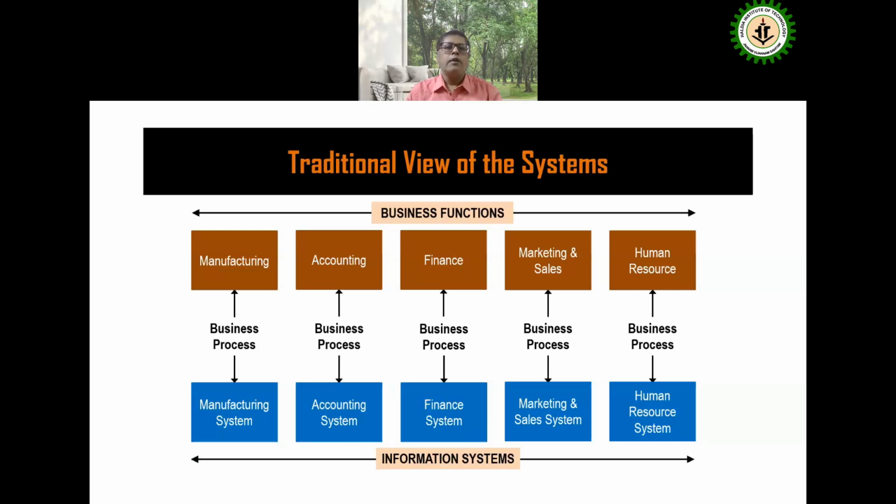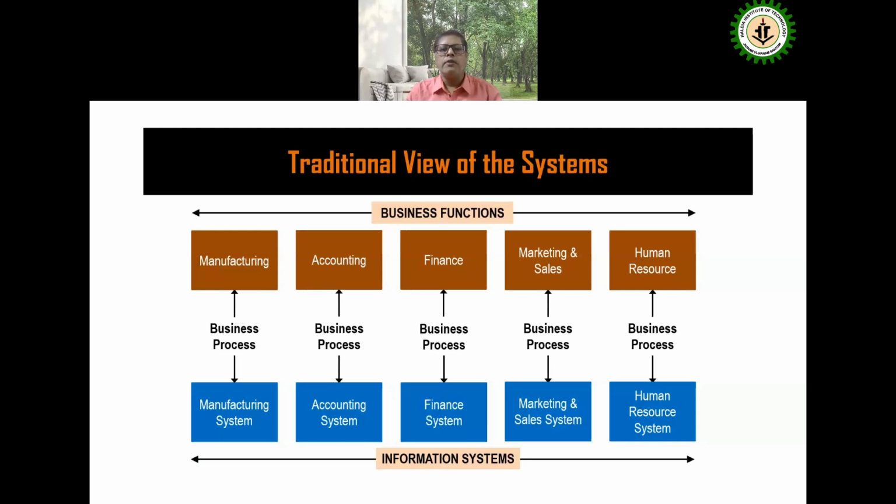Say the organization want to manufacture a product for a given target, so the manufacturing department need to collect the information regarding the demand from the marketing and sales team or marketing and sales department.